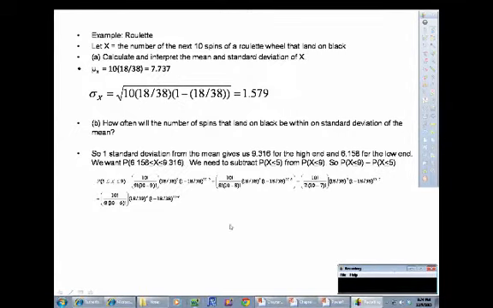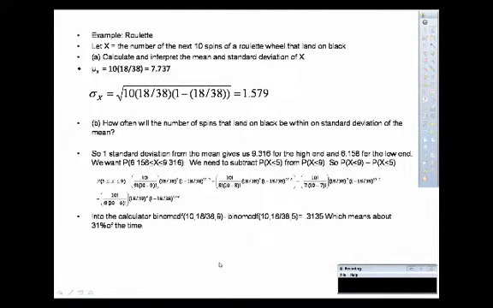So we're going to put into the calculator binomCDF of 10, 18 divided by 38, and 9, remember. And then minus binomCDF of 10, our probability, and 5.